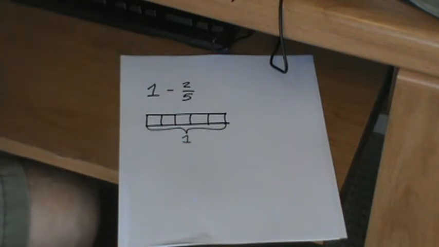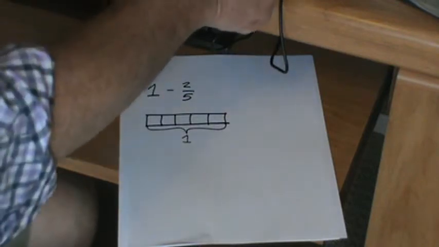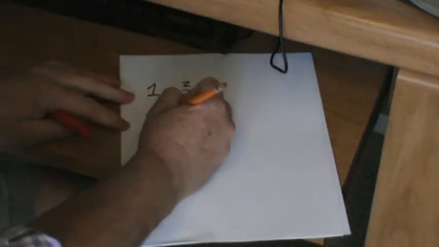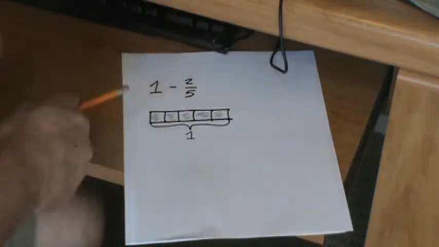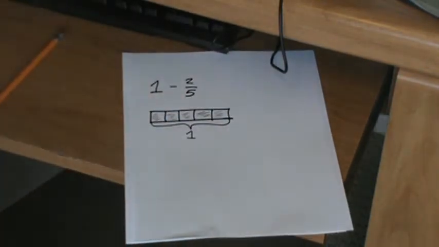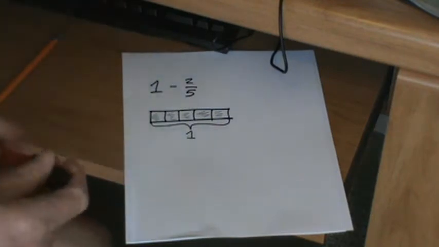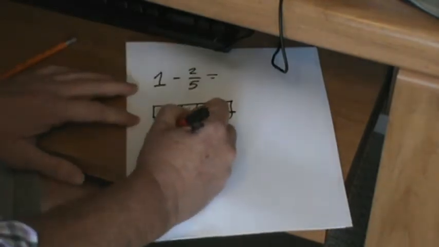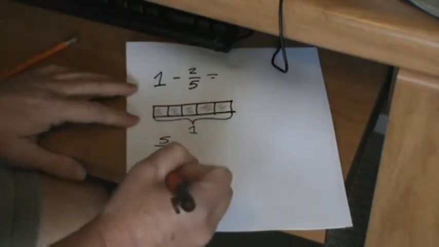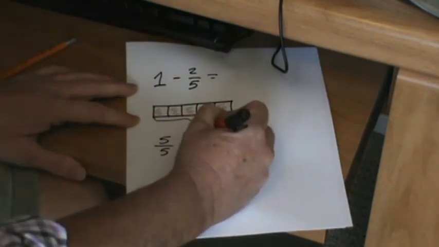Use a pencil. So I converted the 1 into 5/5. Now I'm subtracting 2/5. So the 1 became 5/5 minus 2/5.